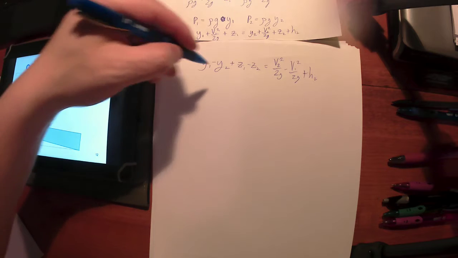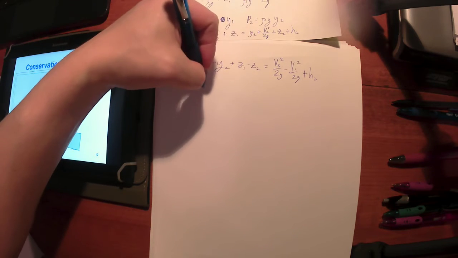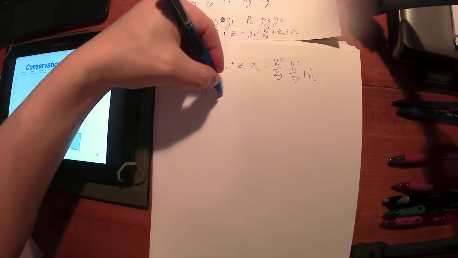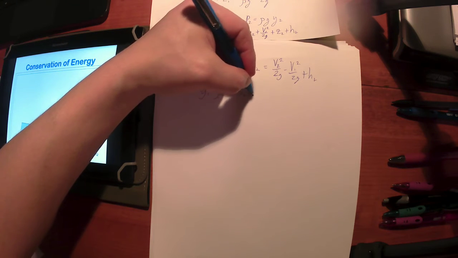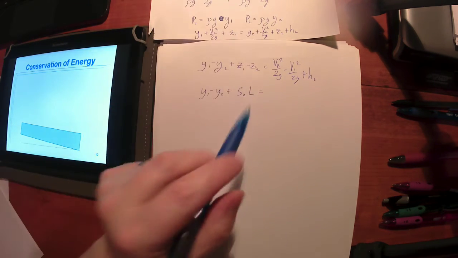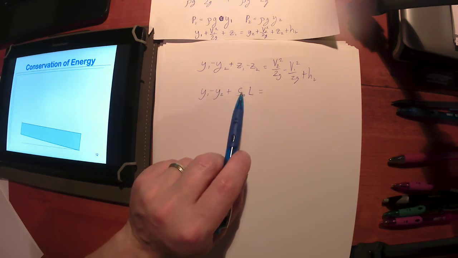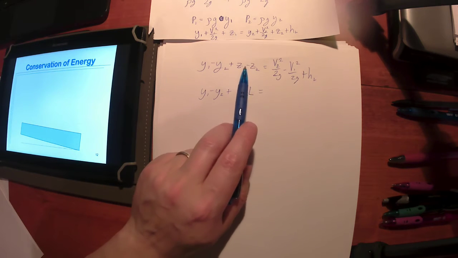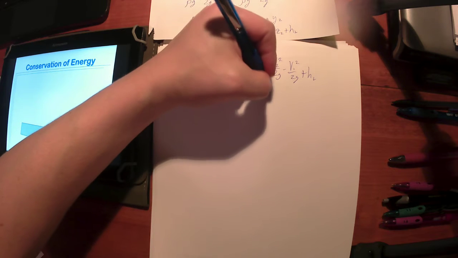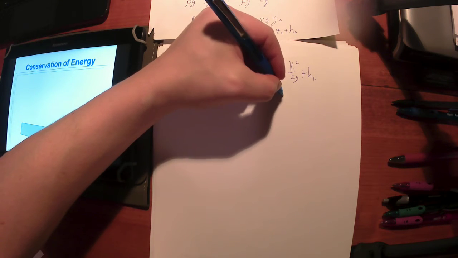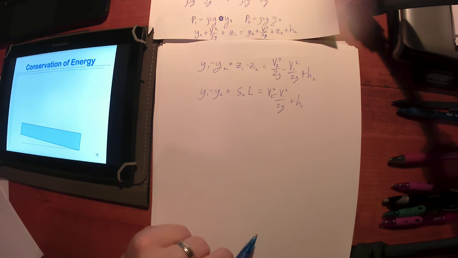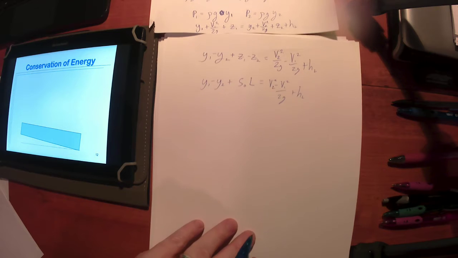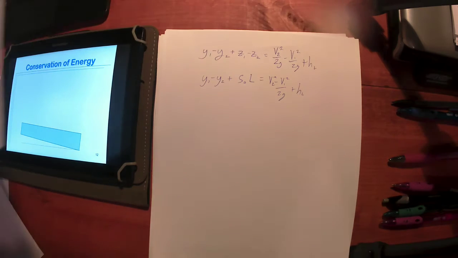And again, let's change this into the bottom slope, S naught times the length. Again, S naught represents the change in elevation per unit length times the length. That gives us the change in elevation. Then V2 squared minus V1 squared over 2G plus the head loss. Okay? So that would be conservation of energy for an open channel flow.